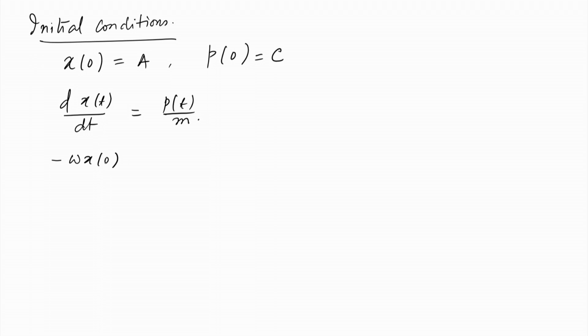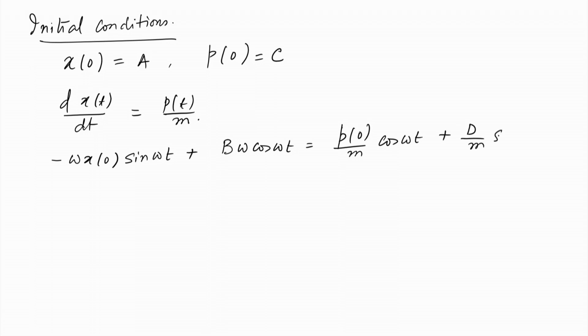So, a is equal to x of 0, and minus a omega sin omega t plus b omega cosine omega t is equal to p 0 by m cosine omega t plus d by m sin omega t.